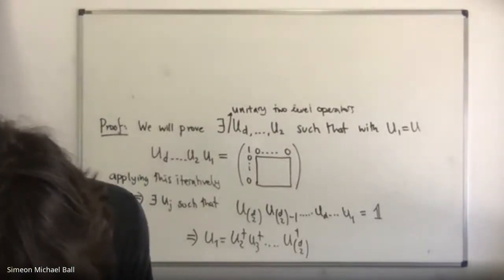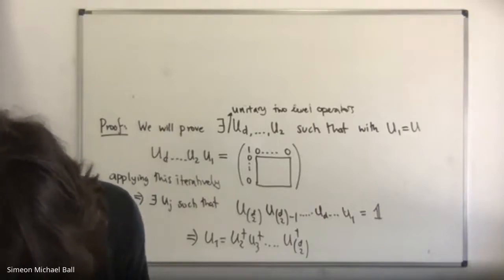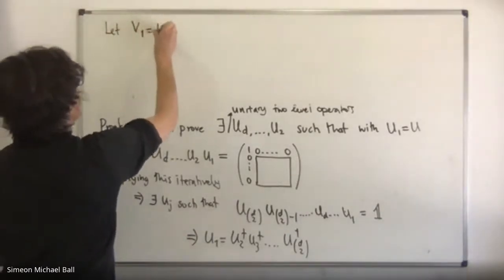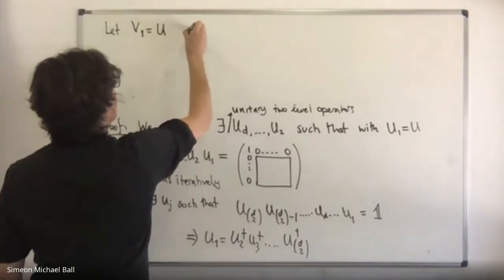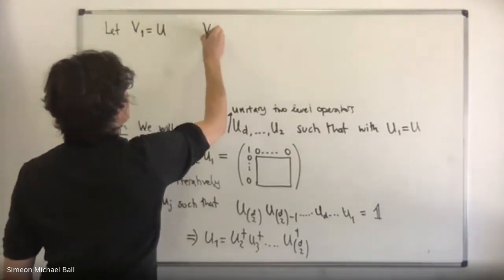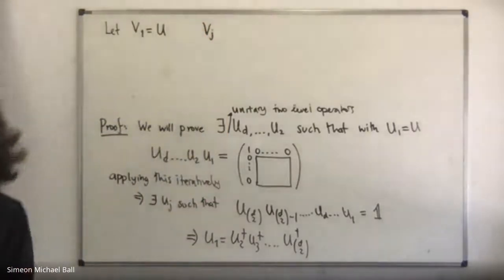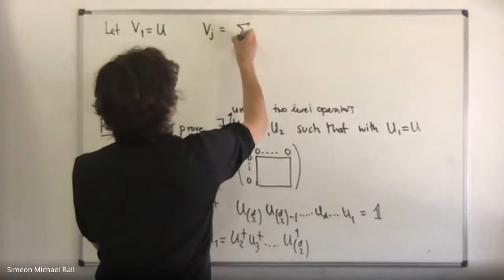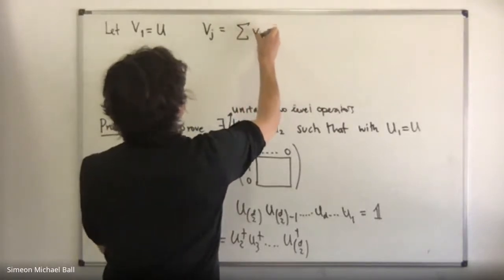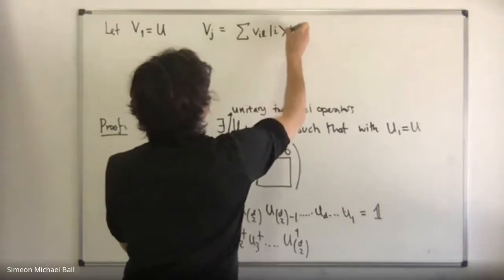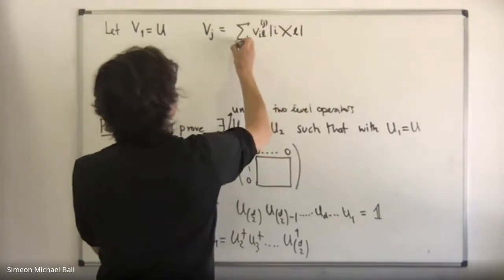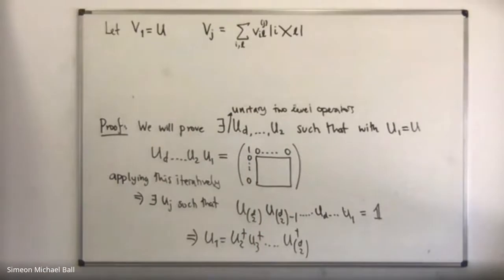Now, I'm going to define matrices. Let V1 be U. Vj is going to be the matrix, writing over the... I've unfortunately got three subscript things, so I'm going to put the j up there.